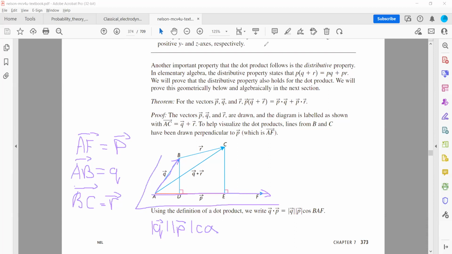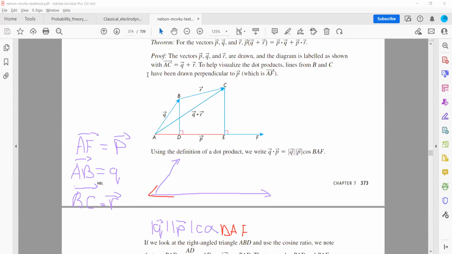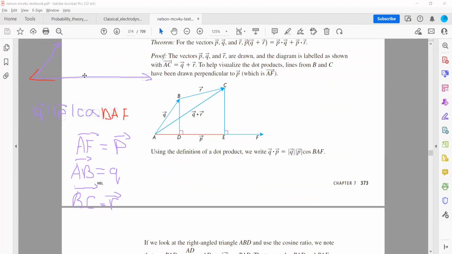It's going to be BAF. Okay, cosine of BAF. Let me show this angle here.